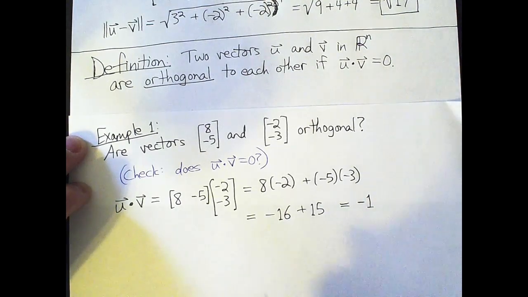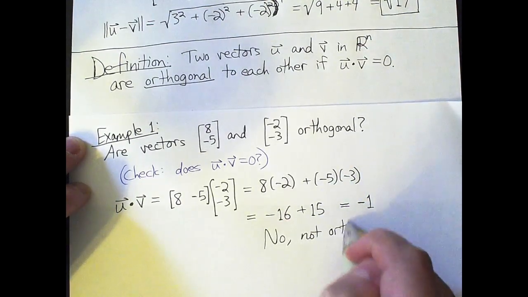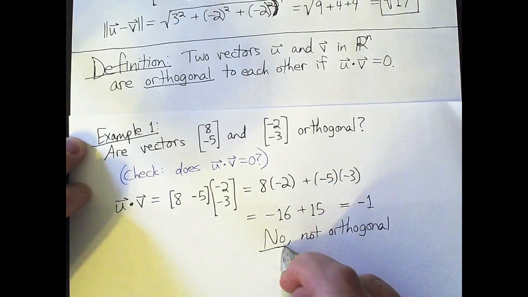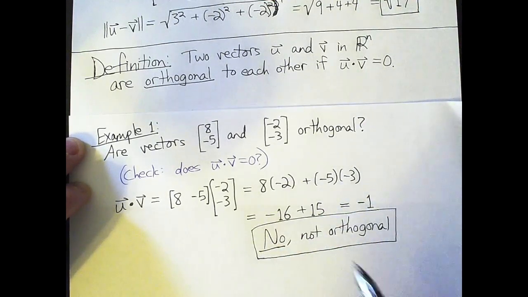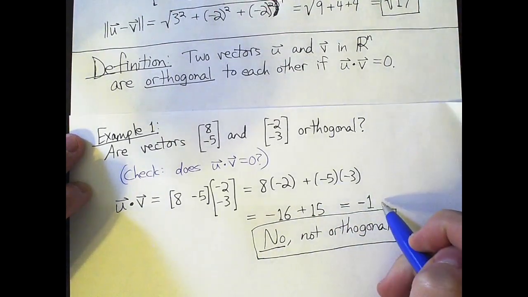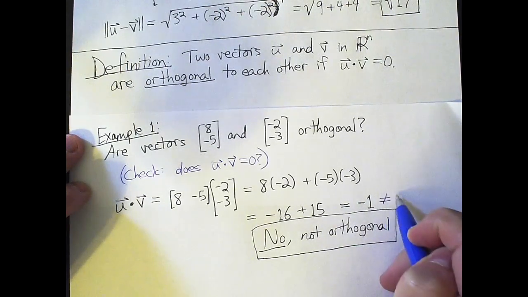So it does not equal 0, so we say no, they are not orthogonal. And the work that we showed above justifies our answer. When you get -1, you could even write next to it that it's not equal to 0.